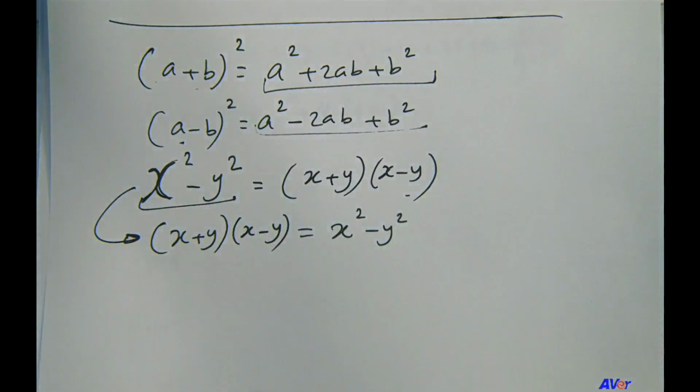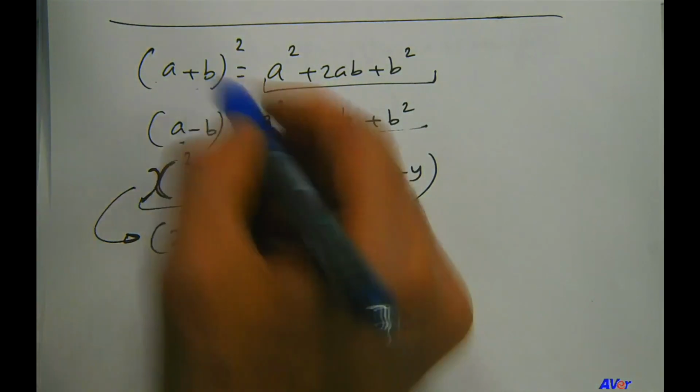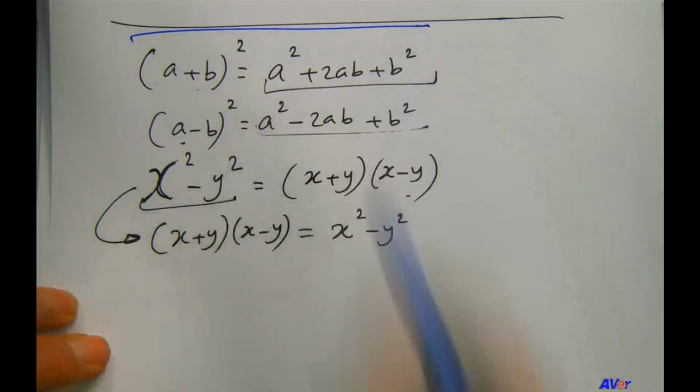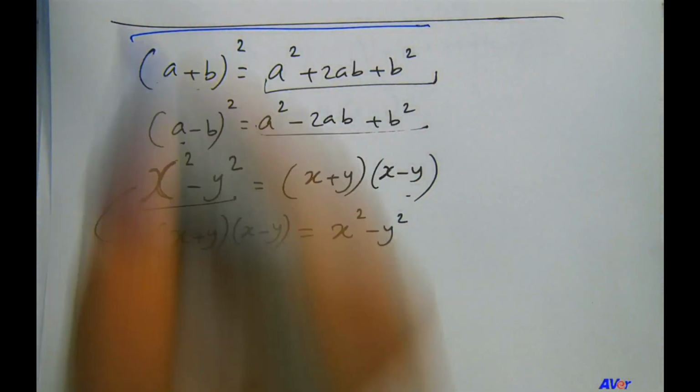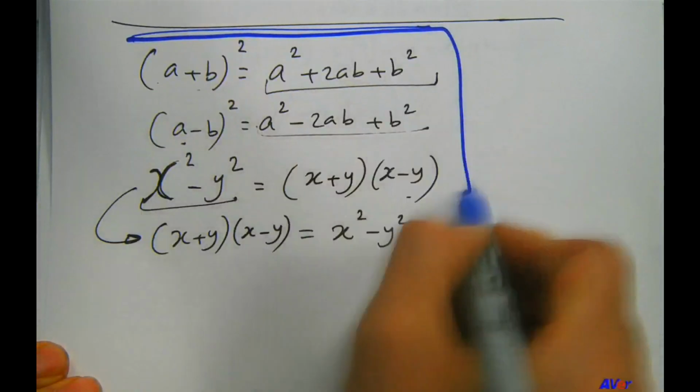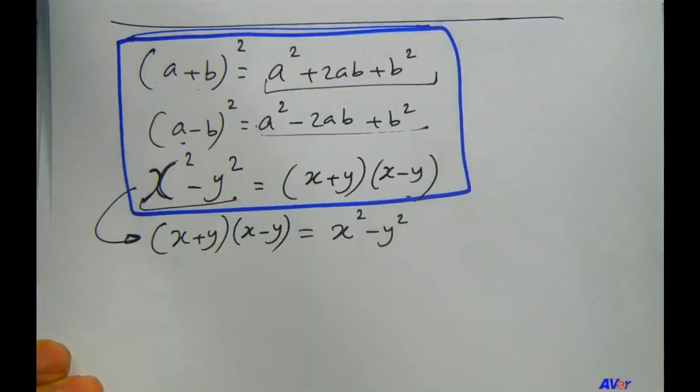So these are the 3 special product formulas that are hugely useful. The other 2 are much less frequently encountered, so we'll talk about those when we get to them. But these 3, make sure that you remember them. It just takes a little bit of practice. Everything you learn in this course is highly procedural.